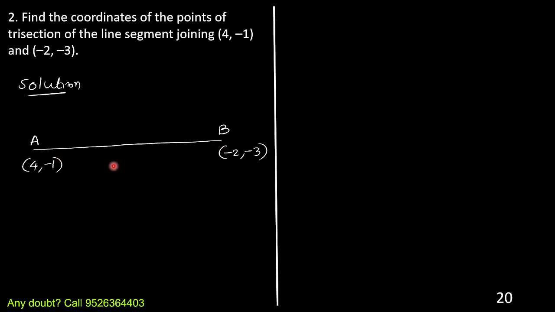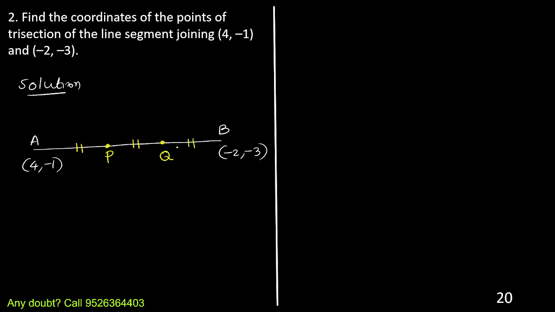This line segment is to be divided into 3 equal parts. Understood? The coordinates of the points we have to find out. I will show you. Let this point be P and this point be Q, so that this distance is equal to this distance, equal to this distance.